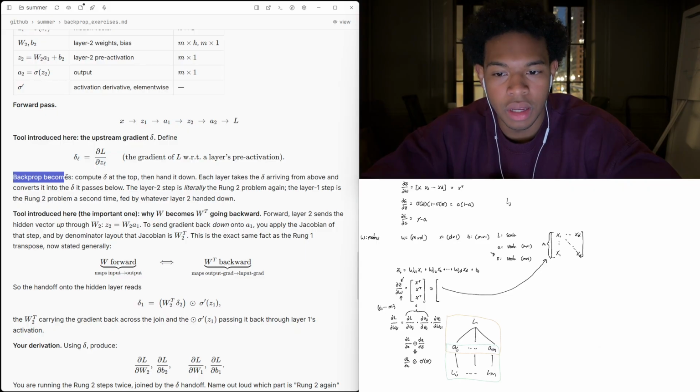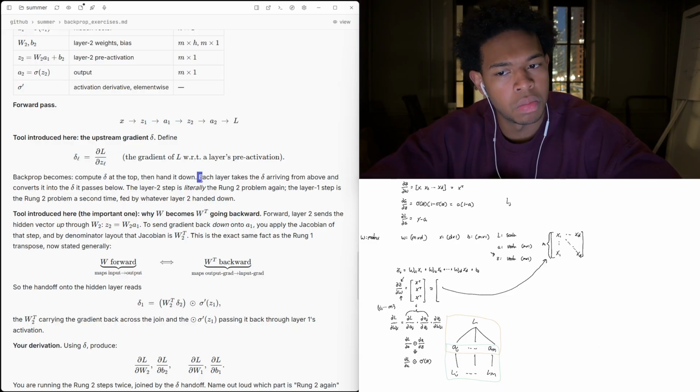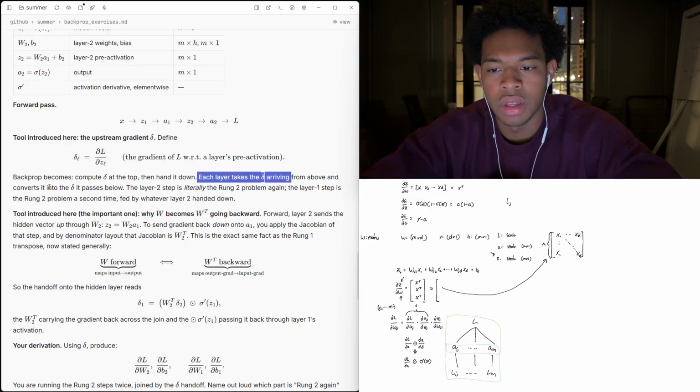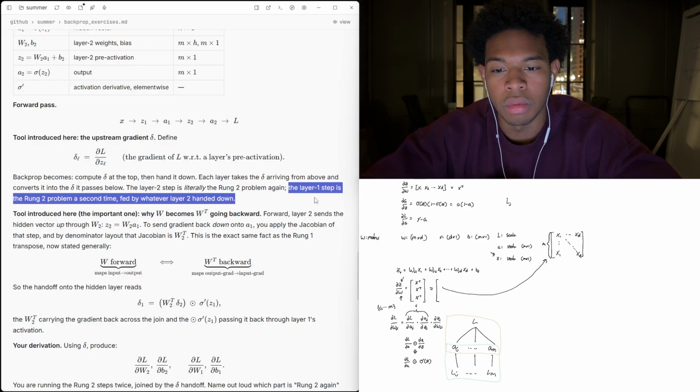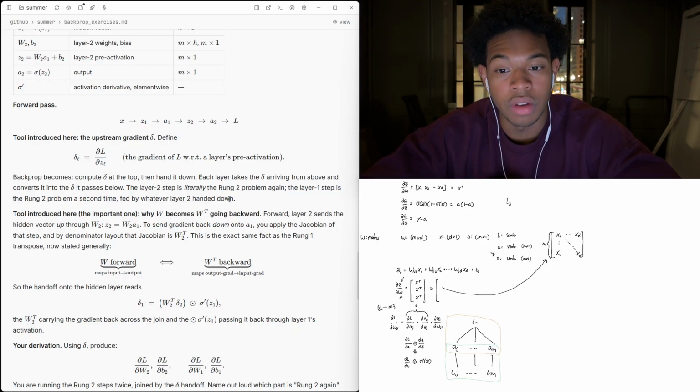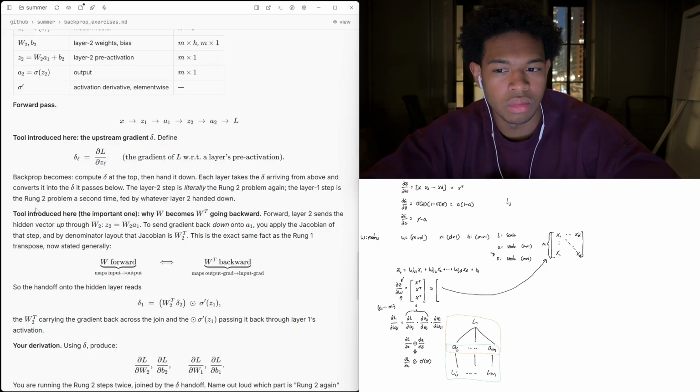Backprop then becomes: compute delta at the top, then hand it down. Each layer takes the delta arriving from above and converts it to the delta it passes below. The layer 2 step is literally the rung 2 problem again. The layer 1 step is the rung 1 problem a second time, fed from whatever layer 2 handed down.